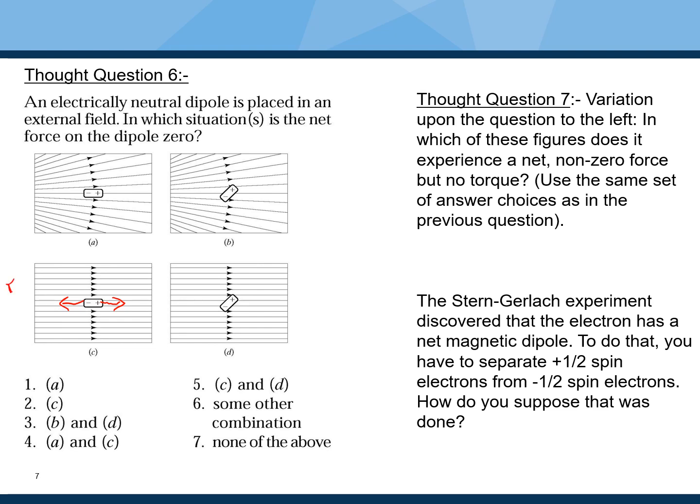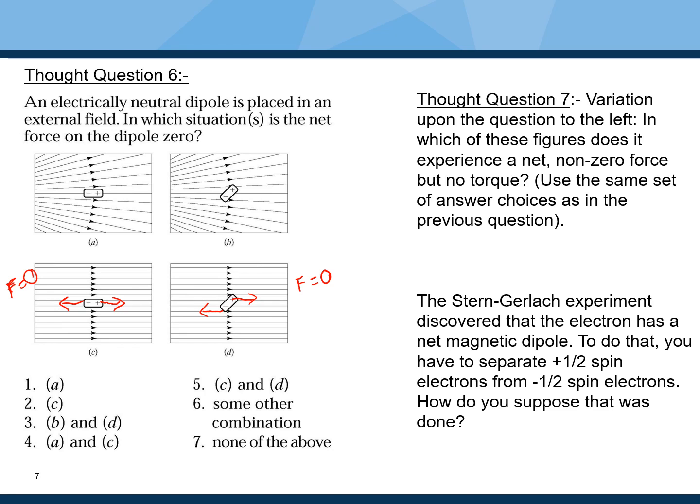What about panel D? In panel D, you have an electric force that is this way on the positive charge. You have an electric force that is this way on the negative charge. And therefore, again, you have a force which is exactly equal to 0. So we see that the net force on the dipole is exactly 0 in the lower two panels.